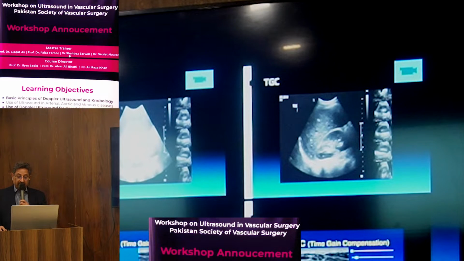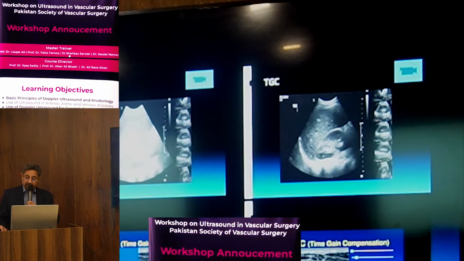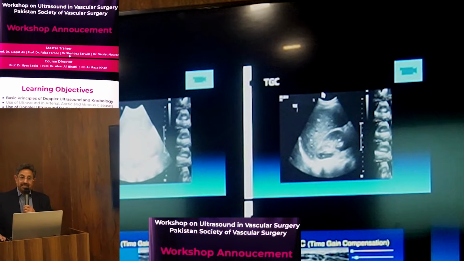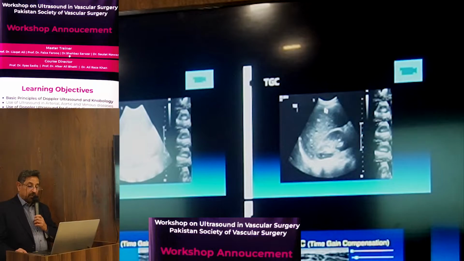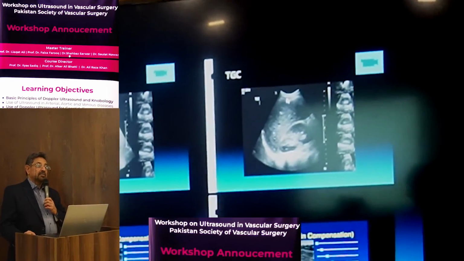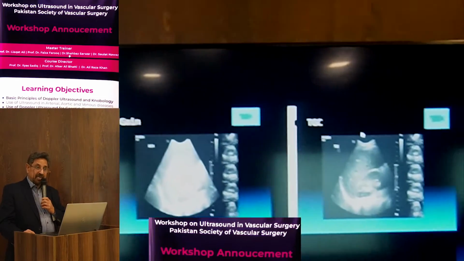Normally, this is a TGC curve, time gain compensation. The idea behind time gain compensation is that the echoes reflected back from the nearest part of the body are minimally weakened, but those coming back from the farthest part have suffered the maximum weakness, so they should be compensated for that weakness.